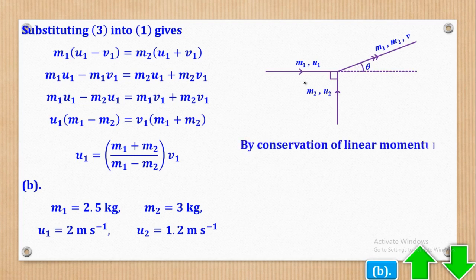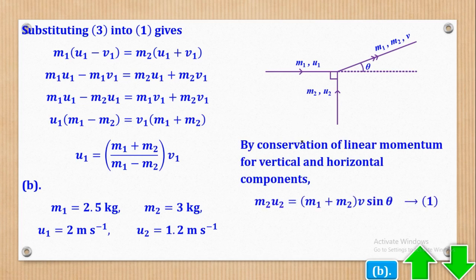So by conservation of linear momentum, here what we do, we consider vertical component alone and also horizontal component alone. So for the vertical component, we shall come up with this. M2 vertical component means that this one is not there initially, it is only this one which is entirely vertical. That's why you see here M2U2.